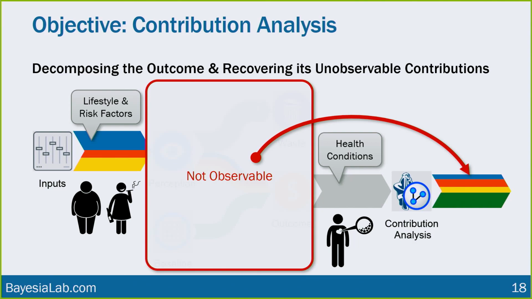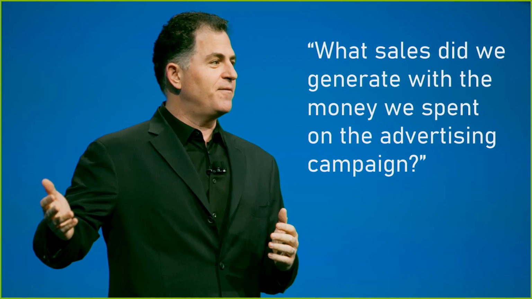Just think about, and this is a very common question, looking at health conditions that are observed in the population and then attributing those conditions to different causes, lifestyles, risk factors, etc. So it's really looking for what is responsible in what proportion. All right. Let's now return to our marketing domain.